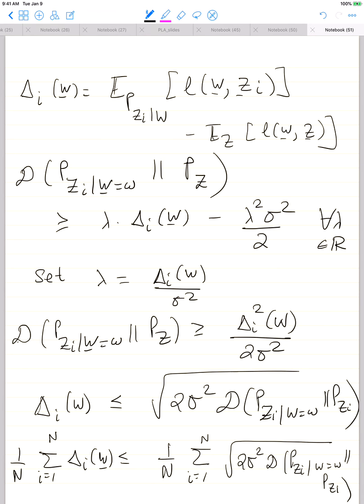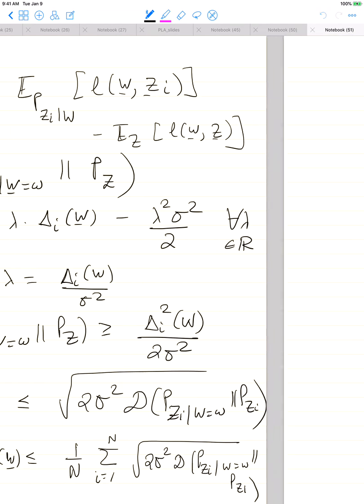Just averaging. Now we can add delta I is for the ith sample, so we are just averaging across all the n samples. And now I'll take the expected value over W on both sides. So I'll rewrite the same inequality from the previous page again, but with expectation over W.